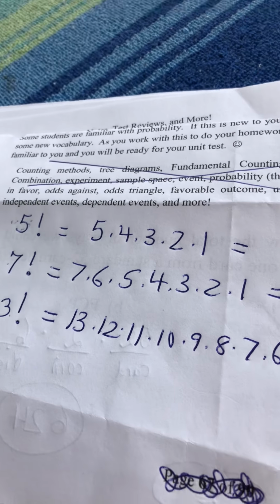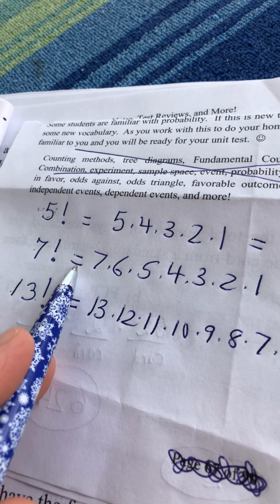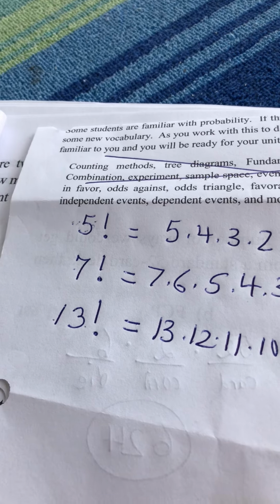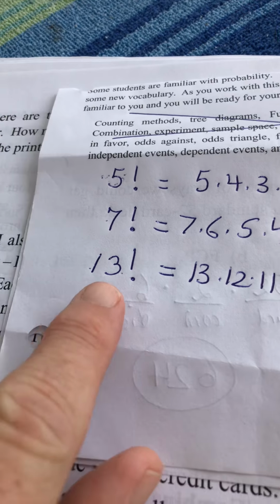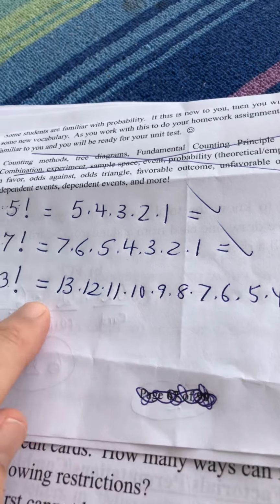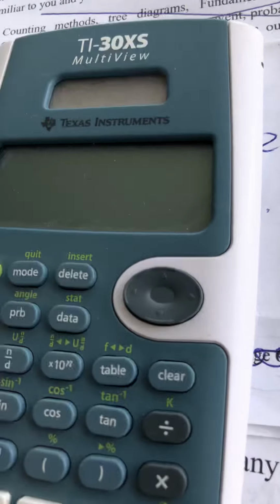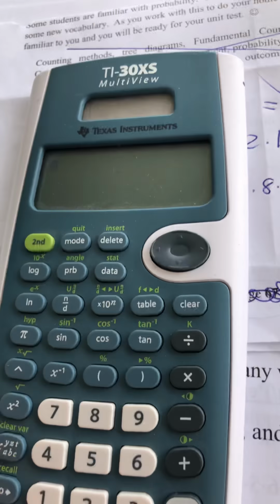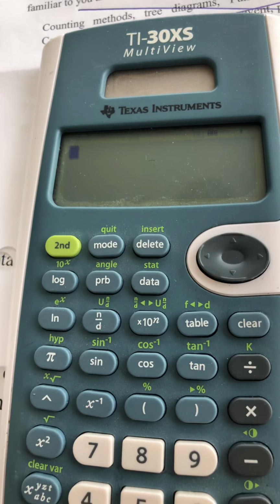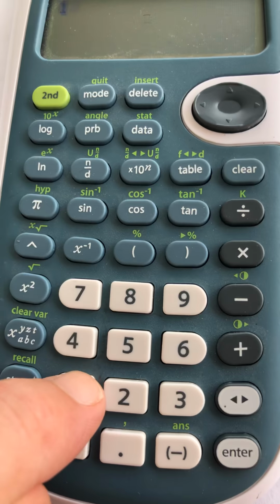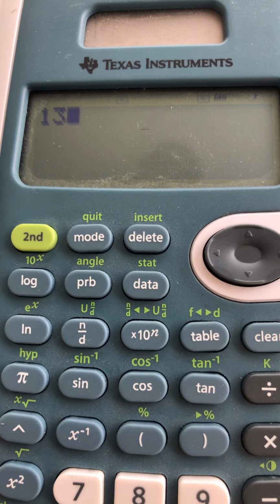Okay. Now these two would be pretty easy to do by just typing into your calculator, but this one could get a little tedious. So let's pretend I actually want to get the answer for 13 factorial. Instead of putting all this in, watch what I can do. I'm going to go to my TI 30. I'm going to turn it on, okay? And then if I'm trying to do 13 factorial, I'm going to type in the 13 first.